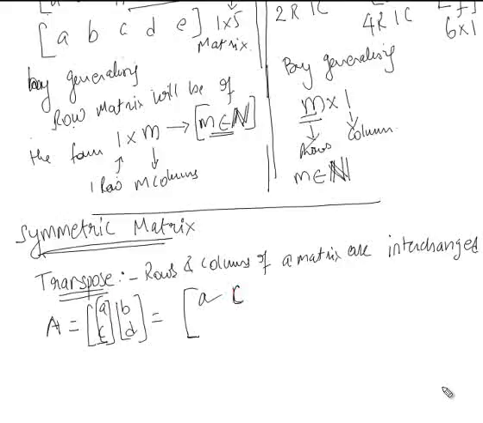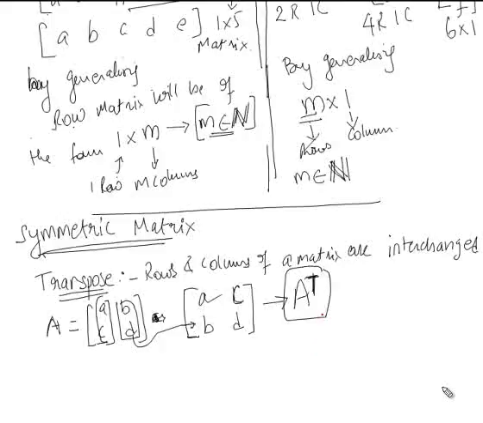The second column will become the second row, that is BD. So this is nothing but A transpose. I denote it by A transpose, A superscript T. So this is what the transpose operation means.